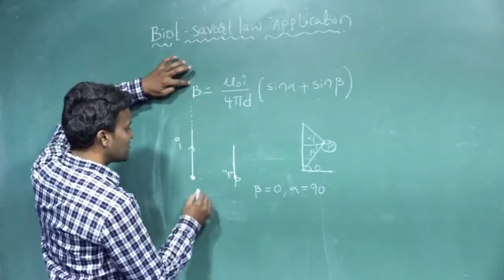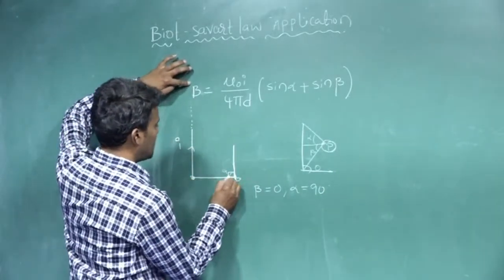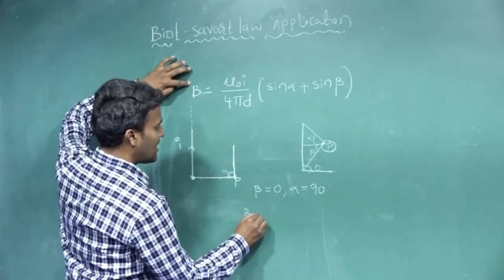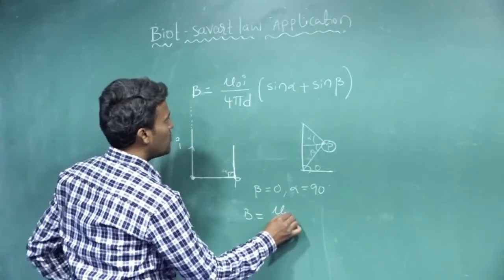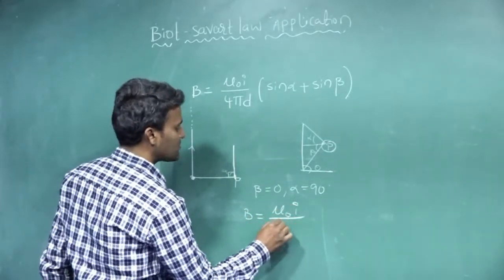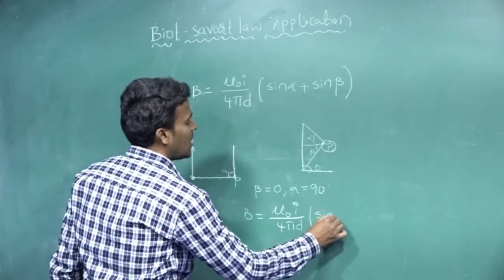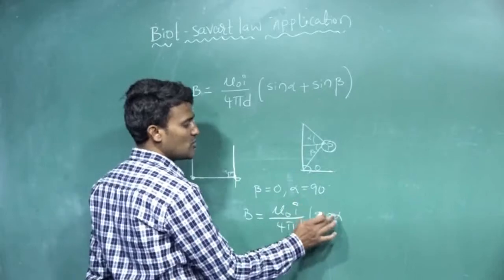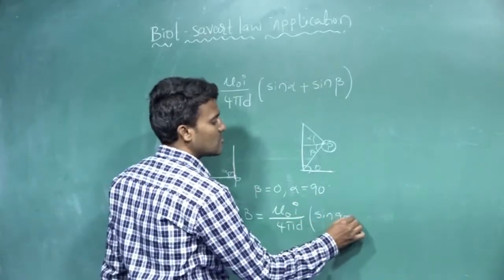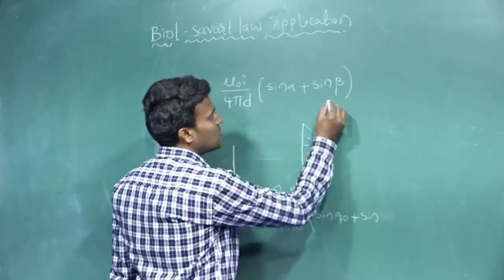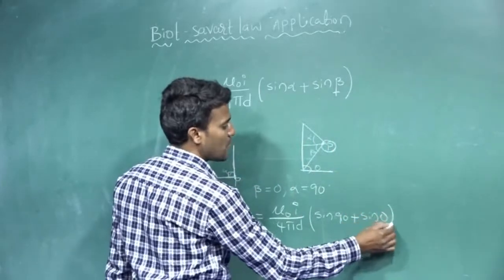Substitute in this formula: B, the magnetic field, is equal to mu naught I divided by 4 pi d, sine alpha. Alpha is 90 plus beta, and beta is 0.